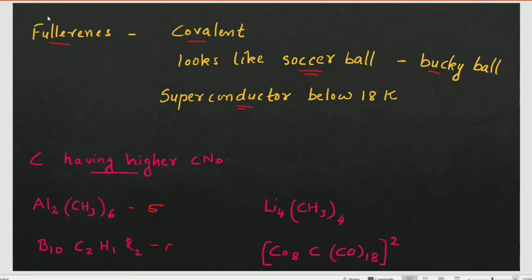The third one is Li4(CH3)4, so the coordination number will be 7. And the next one is Co2(CO)8 whole square... so the coordination number will be 8. So these have coordination number higher than 4.